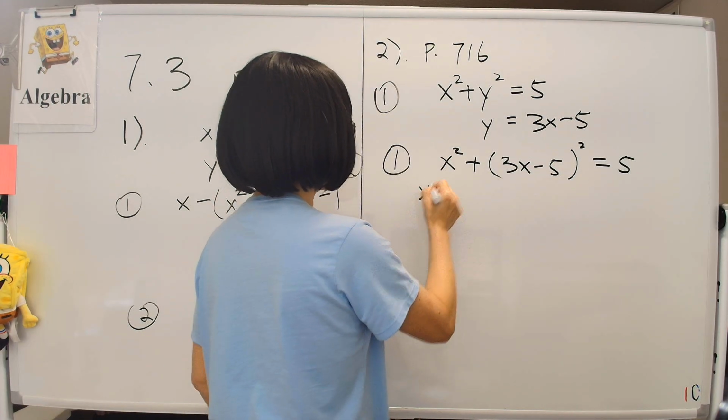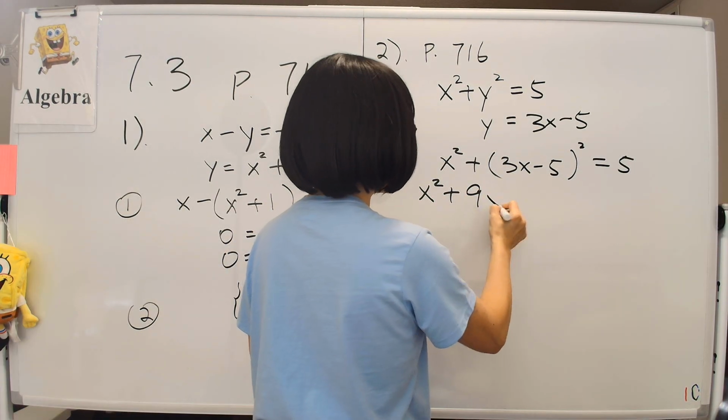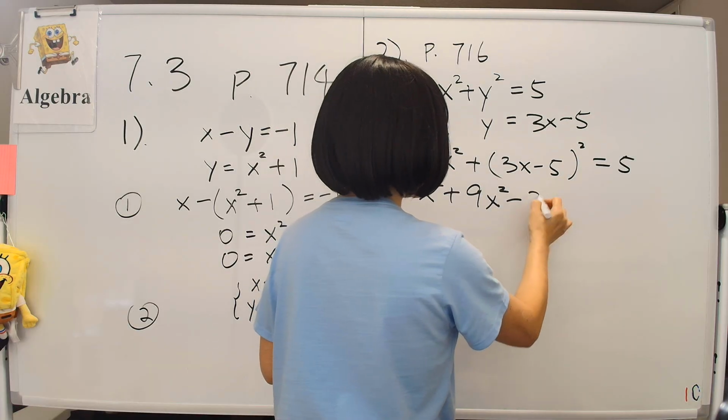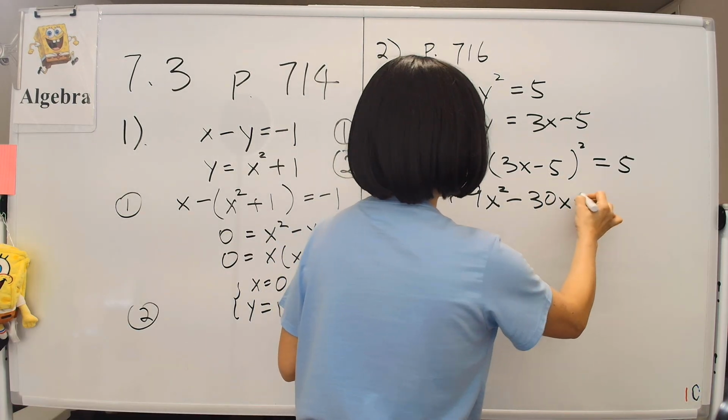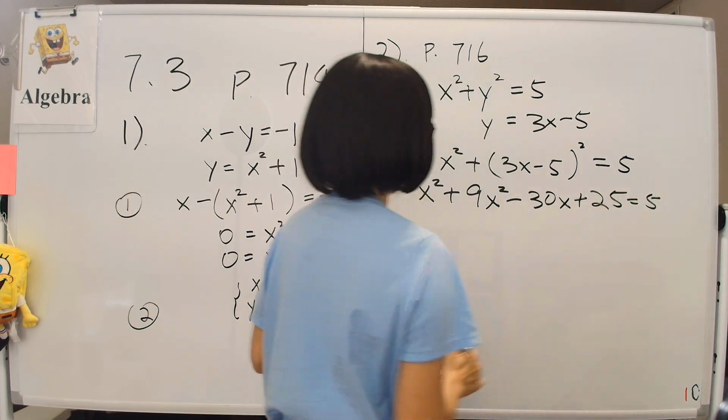So we'll write down x squared. We need to multiply this out, which is 9x squared minus 3 times 5 is 15, times 2 is 30, 30x, and then plus 25 equals 5.